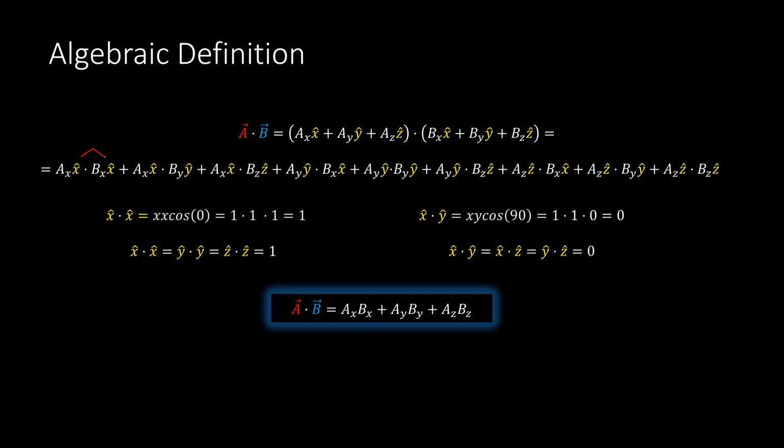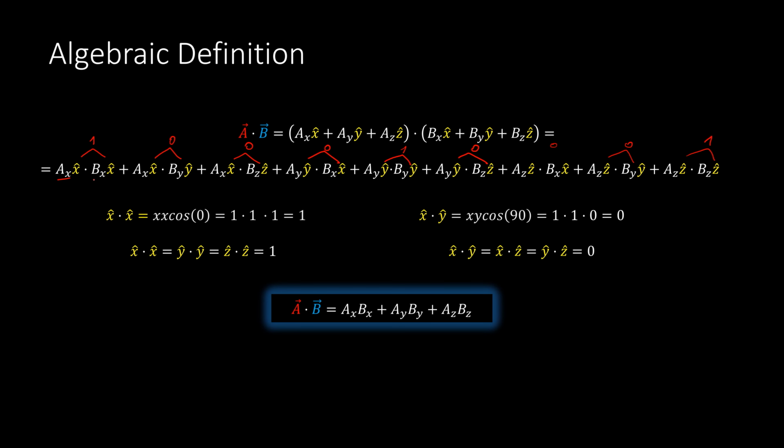X roof and X roof scalar multiplication gives 1. X roof and Y roof is 0, X roof and Z roof is 0, Y roof and X roof is 0, Y and Y is 1, Y and Z is 0, Z and X are 0, Z and Y are 0, and Z and Z are 1.